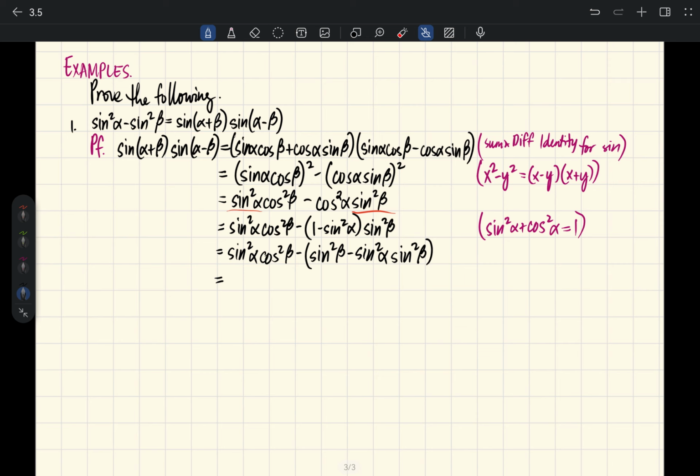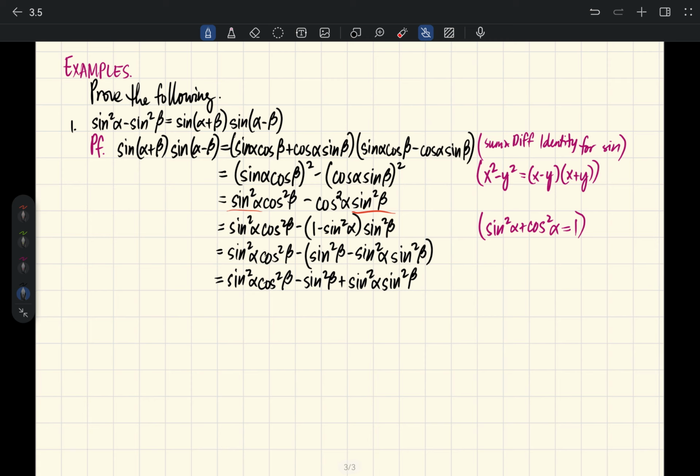Now we can distribute the negative sign to get sine squared alpha cosine squared beta minus sine squared beta. Then you have a negative times a negative, so that will be a positive, so plus sine squared alpha sine squared beta.